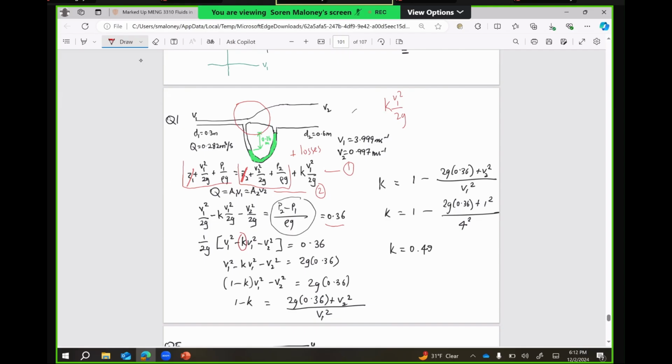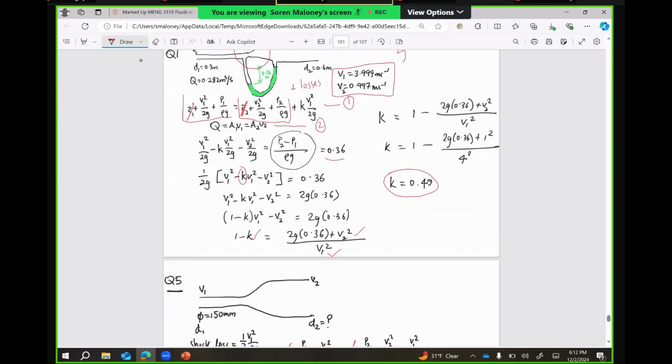We want this coefficient, right? So we rearrange, and we can find everything else. We know that Q1 is A1 V1, so we can use the continuity principle to find V1 and V2, which we did up here. And then we can plug that into our expression for V1 and V2 to help us find K. All right.